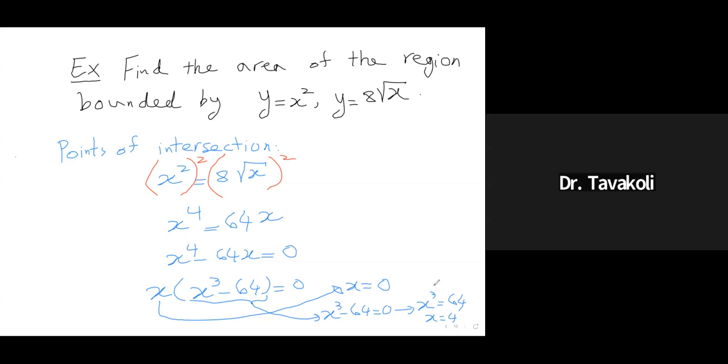Since 3 is an odd number, x cubed equals 64 has only one root, one solution, and that is x equals 4.